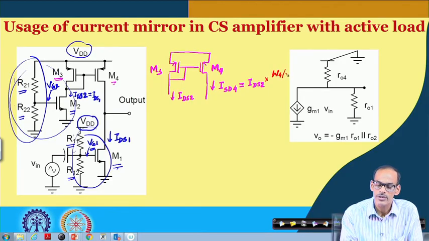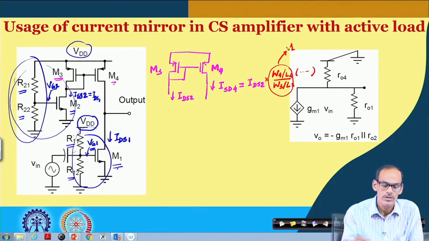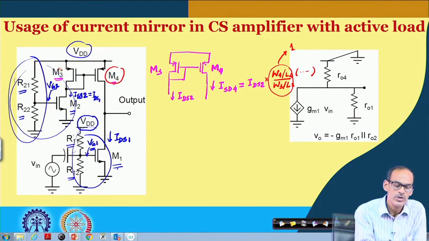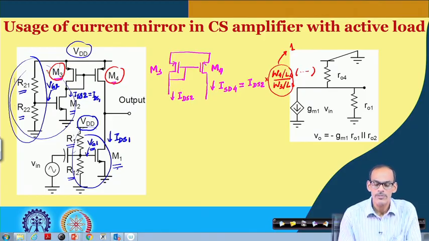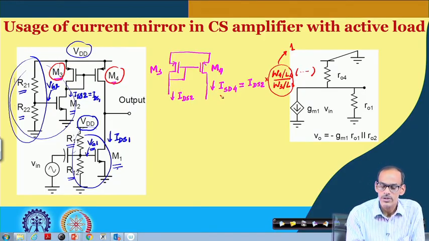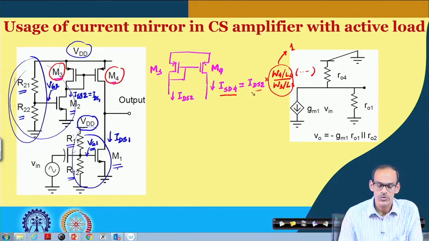We consider W4 by L4 divided by W3 by L3, then multiplied by whatever non-ideality factor, and if I assume that this is equal to 1, which means that transistor 3 and transistor 4 are identical, that makes ISD 4 equal to IDS 2.